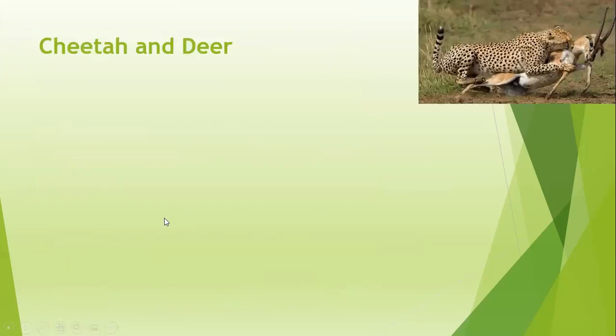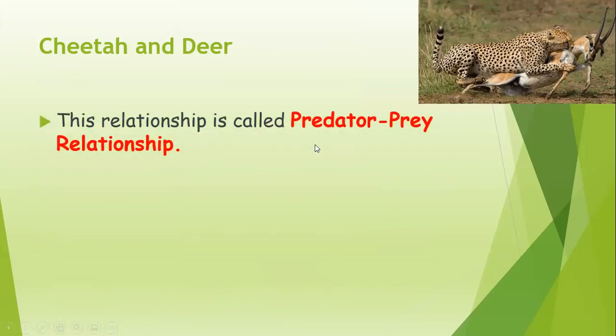Now let's go to another example. This one, the cheetah and the deer, which I showed you before. What is this type of relationship called? We call this relationship a predator and prey relationship. Who is a predator? The predator is the one that is killing or hunting another organism to eat it. And what is a prey?